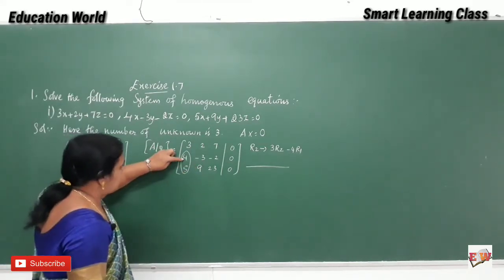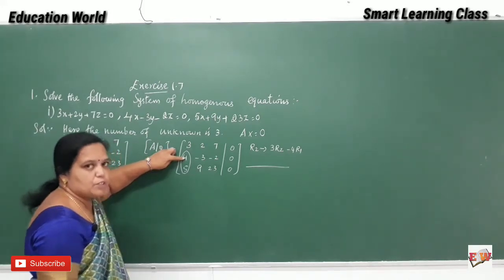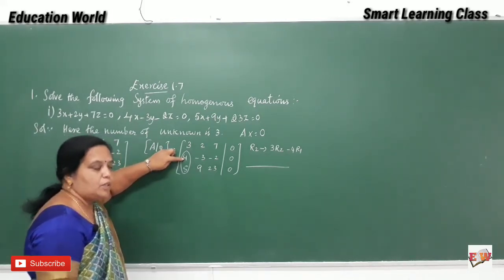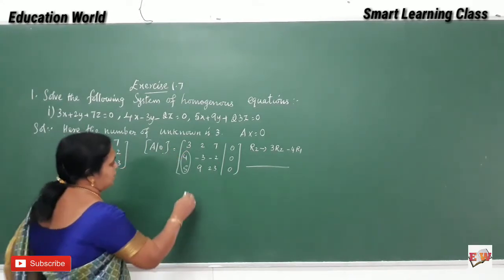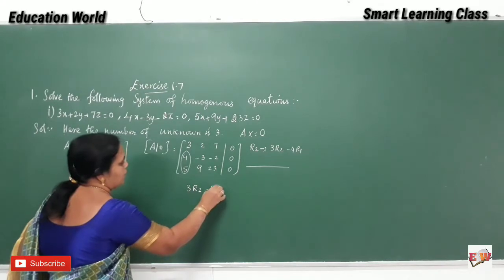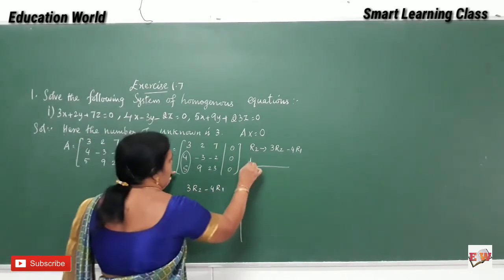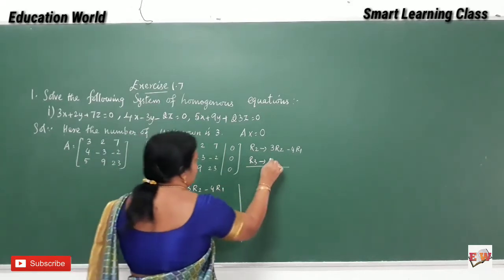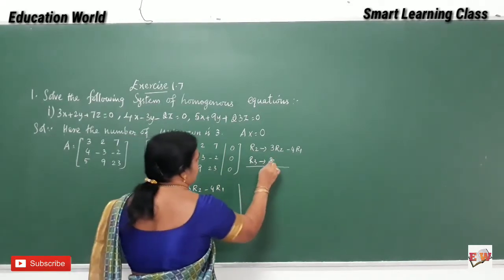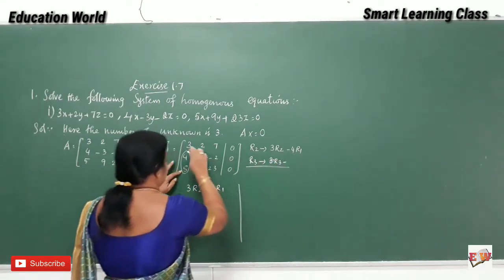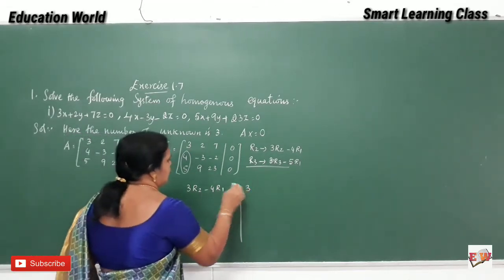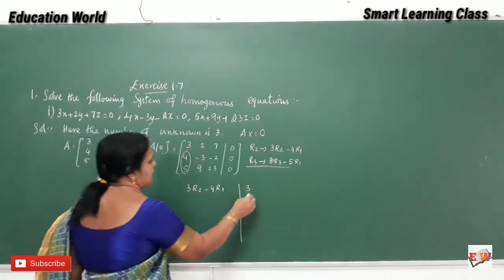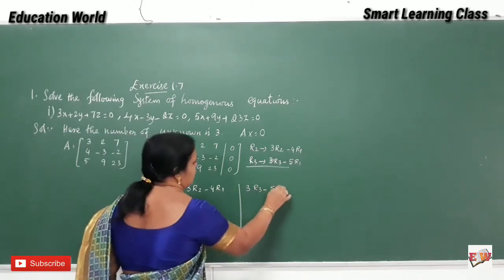For that, if I multiply the second row by 3 and subtract 4 times R1, this term will become 0. In the same way, R3 gives 3R3 minus 5R1, so that 15 minus 15 will come, which is 0.